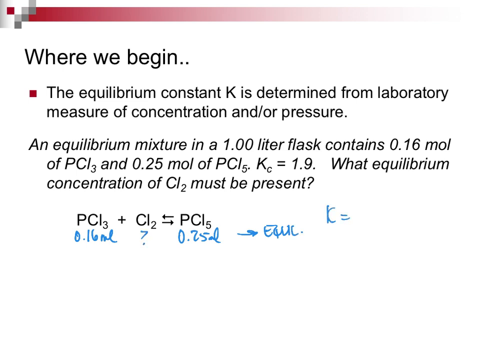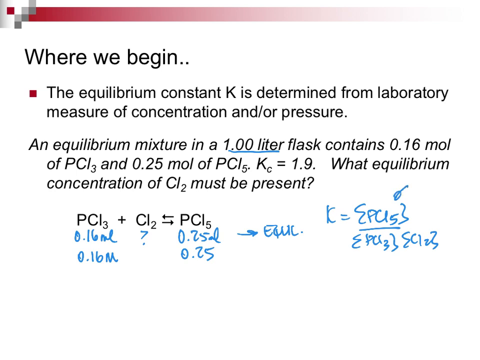Well, based on what you know so far, we could say here's our product, here are our reactants, and let's see what we know. It says a 1 liter container. That means this is 0.16 molar, this is 0.25 molar.